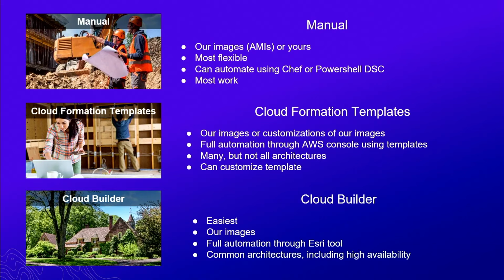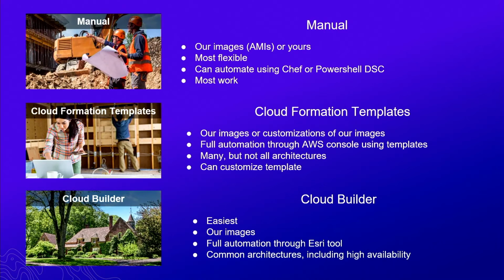Now you can simplify your work using automation. We have a Chef cookbook and PowerShell DSC options that allow you to automate. This approach is the most work. The second option, the customization option, is CloudFormation templates.